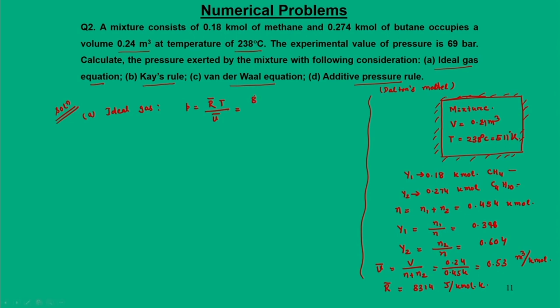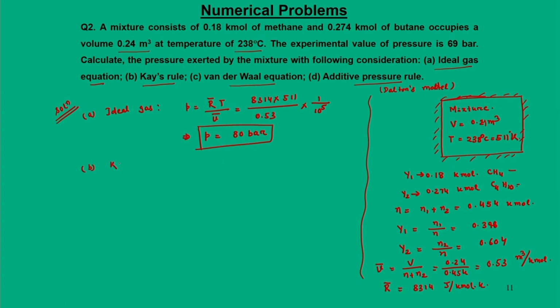R bar is in joule, so we have to convert to bar: 8314 into 511 divided by V bar 0.53, and since it is in joule we divide by 10 to the power 5. This gives P closely 80 bar. So the ideal gas model predicts that the pressure exerted by the mixture will be 80 bar.